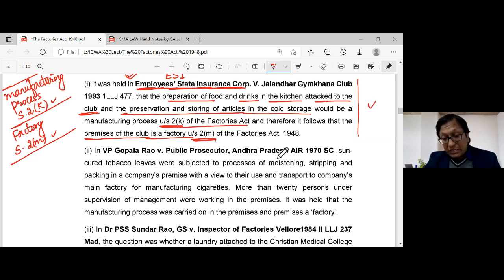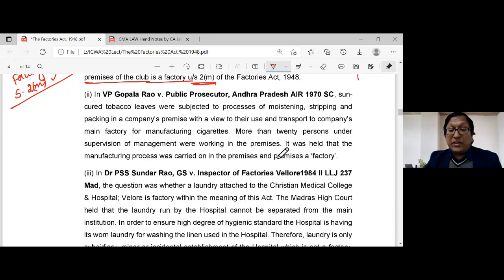The second case law is VP Gopala Rao versus Public Prosecutor, Andhra Pradesh. It is a judgment of the Supreme Court. It is again an important judgment because this will help you with manufacturing process as well. Sun-cured tobacco leaves were subjected to the process of moistening, stripping, and packing in the company's premises. Why?